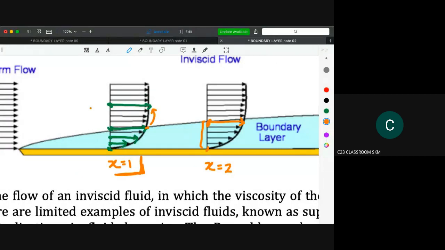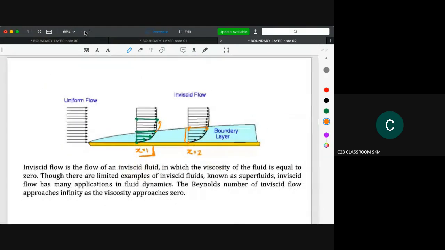I already showed you a video showing that if we move this plate on the fluid, you will see a layer.